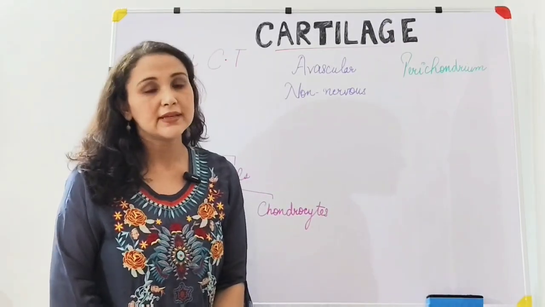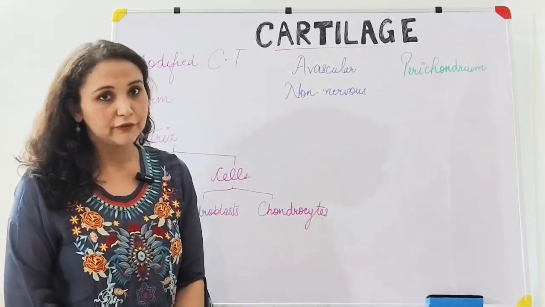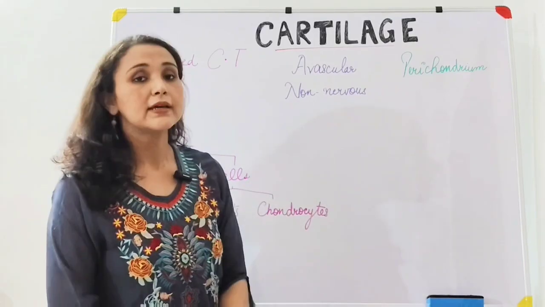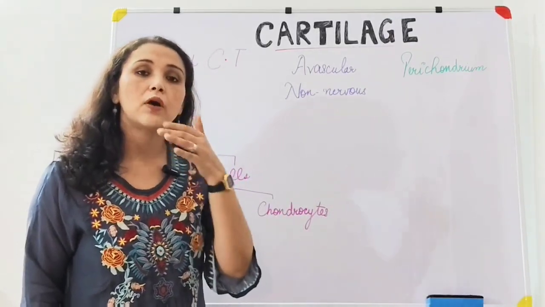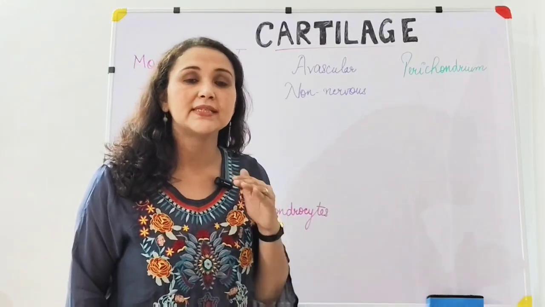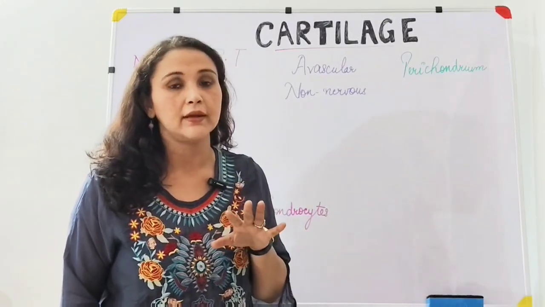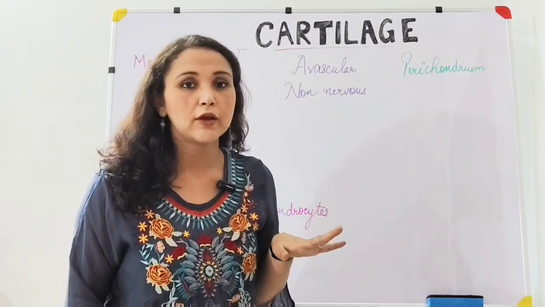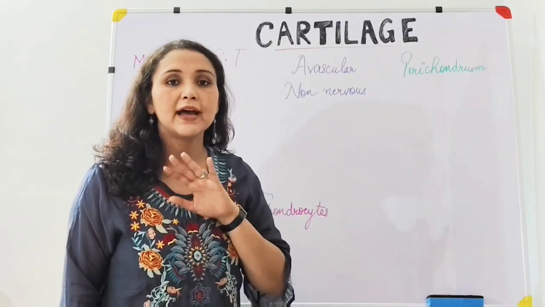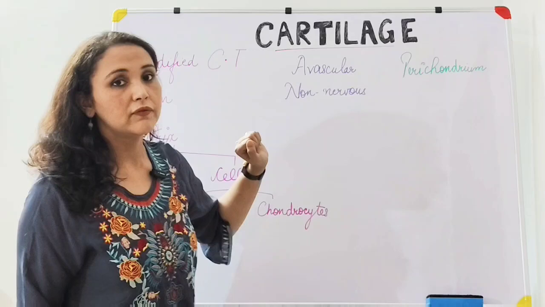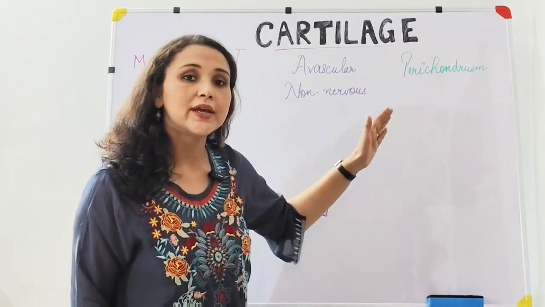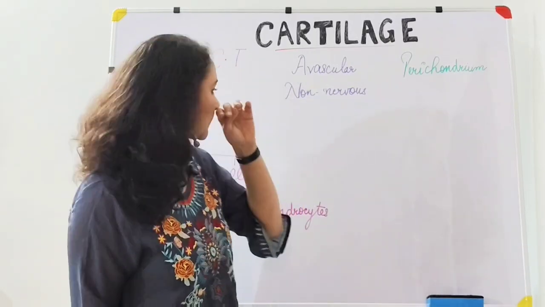And there is another reason for that also. We'll be discussing it further. Another point is that it is non-nervous. Non-nervous means it does not have any nerve supply. That means it is insensitive to pain. So it does not have a blood supply of its own, and it does not have a nerve supply of its own. These are the two main features of cartilage which differentiate it from the bone.